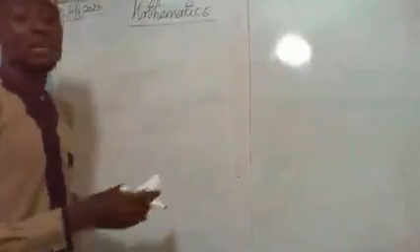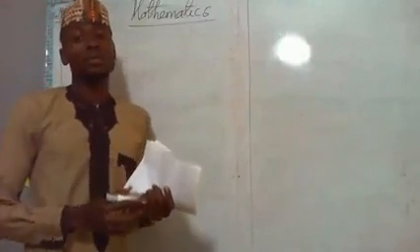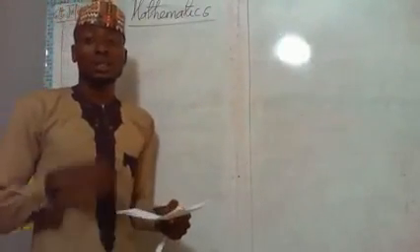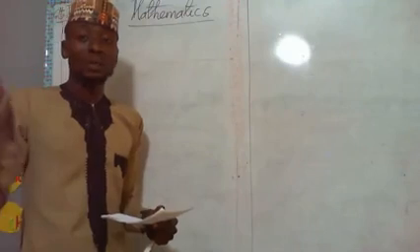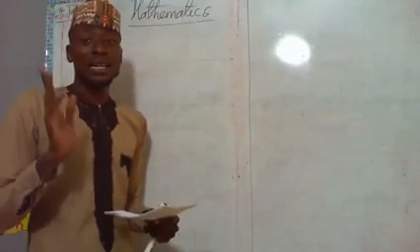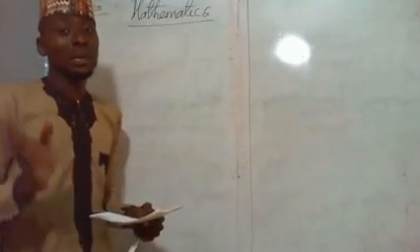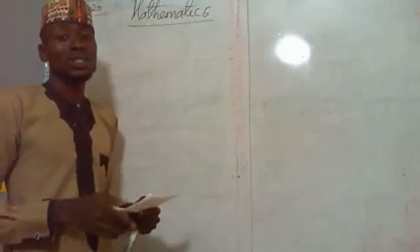Without wasting much of our time, today, inshallah, we are taking another subtopic under geometry. We've been taking geometry all the while. The last time was volume and capacity of solid shapes.